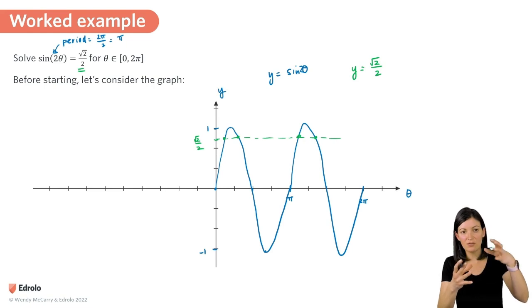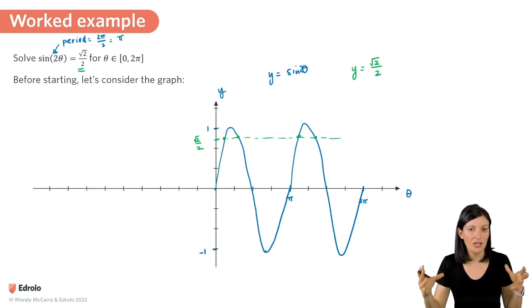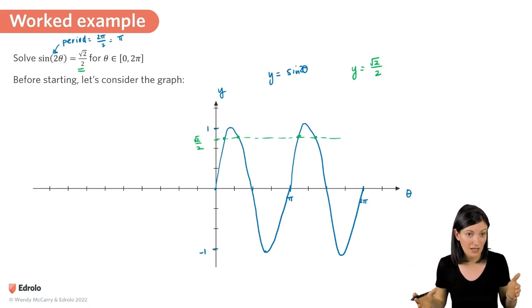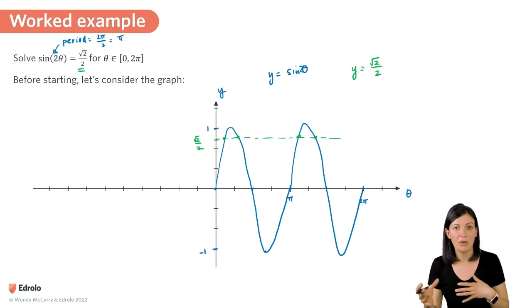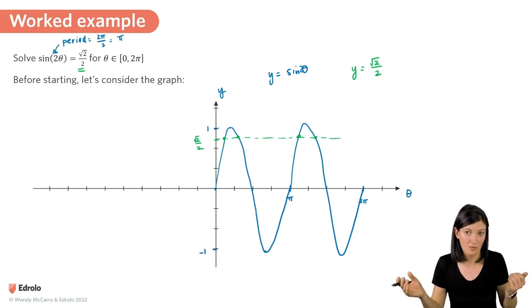So that period changes the number of solutions we would have within a given domain. If the equation's quite simple, it's nice if you can graph it. If you don't have your calculator, you can give yourself a bit of a sketch so you know how many solutions you're looking for. You don't have to do this step, but I think it's helpful.